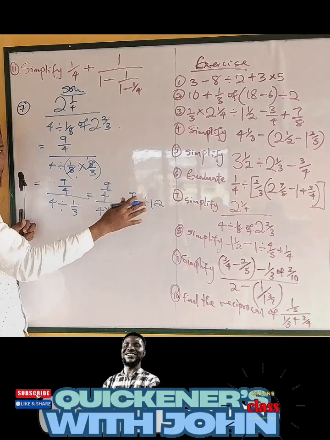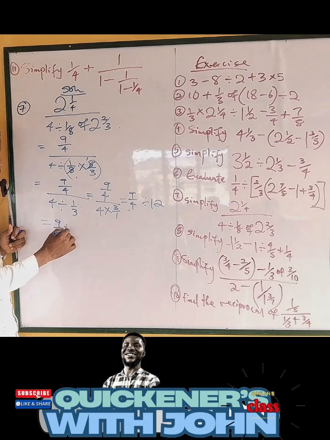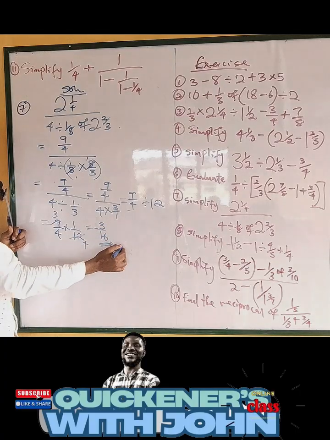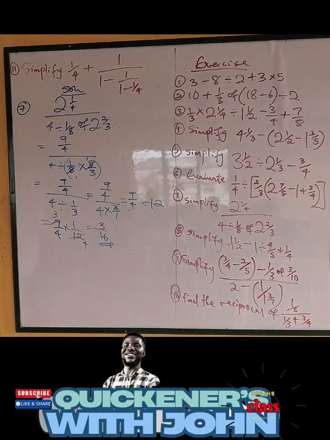Okay, so now to simplify that, what you have? 9 over 4 times 1 over 12. 3 here how many? 3 here. 3 over 16. So I'll clean the board and do the next one.